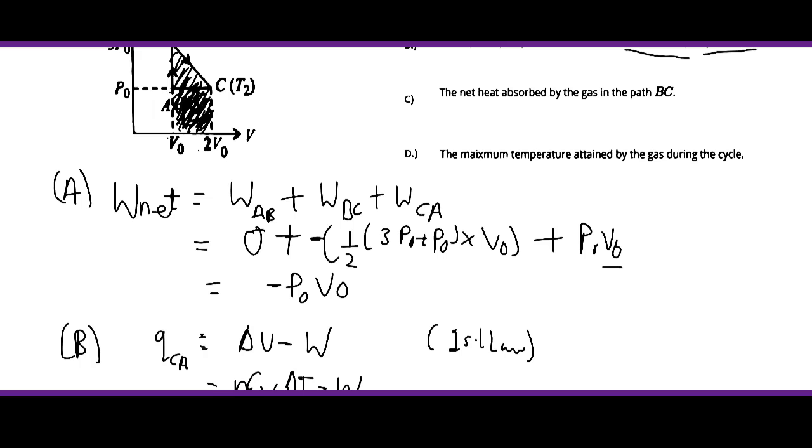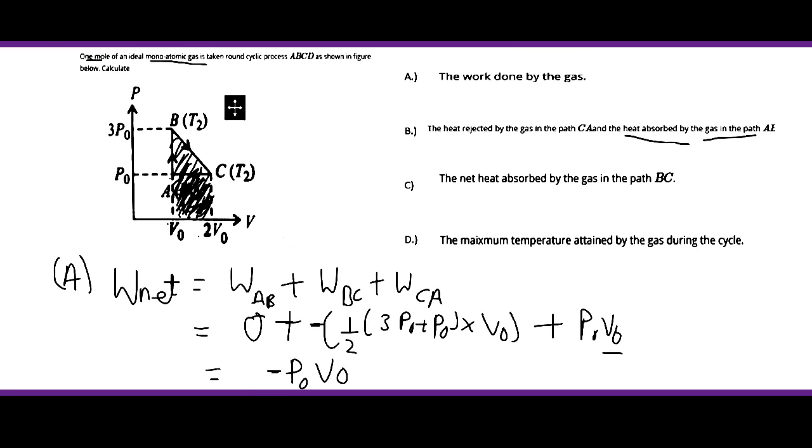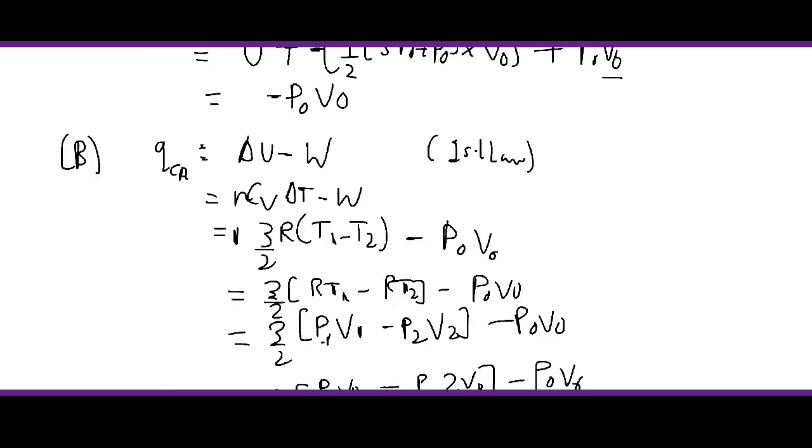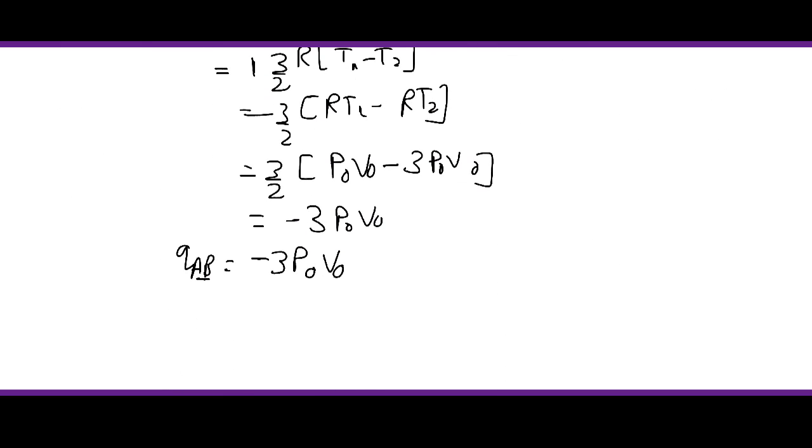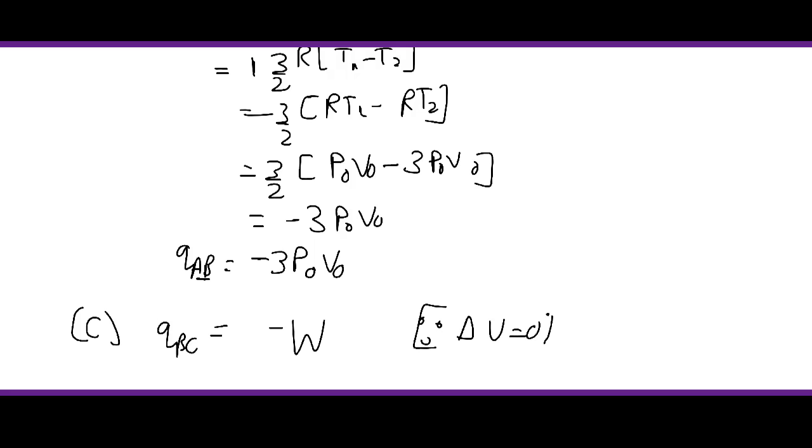Coming to the third part, the net heat absorbed by the gas in the path B to C. If we see the path B to C, it's clearly isothermal in nature, because the temperature at B is also T0 and the temperature at C is also T0. So QBC would be equal to minus of work done, because delta U is 0 since it's an isothermal condition.